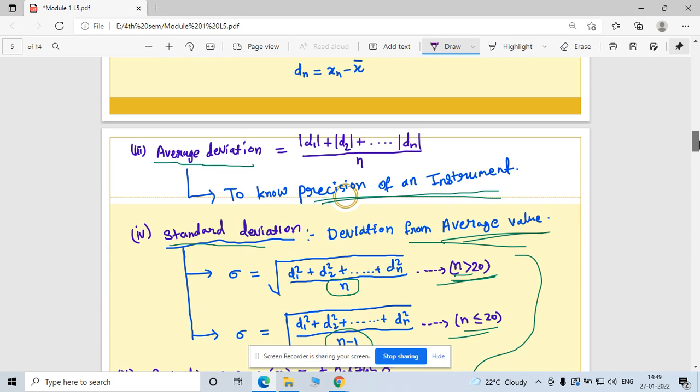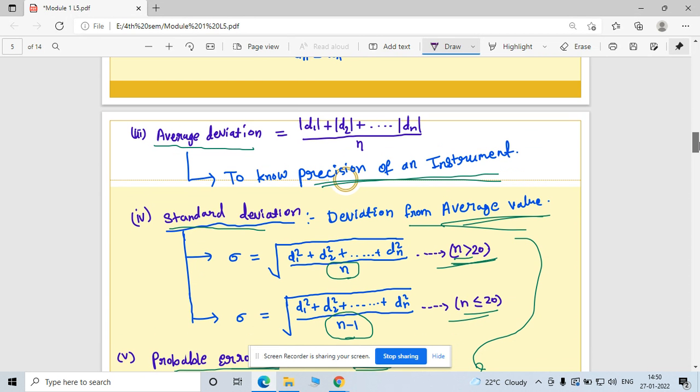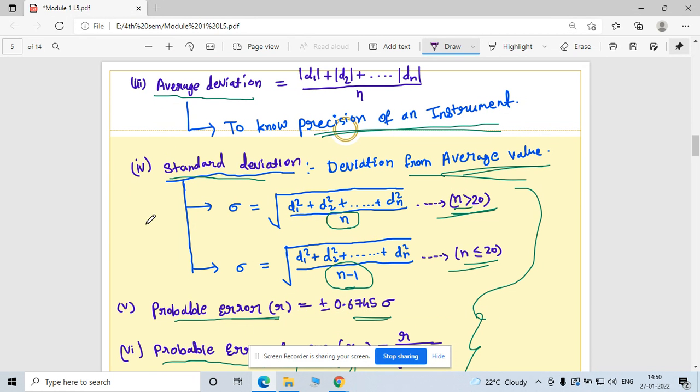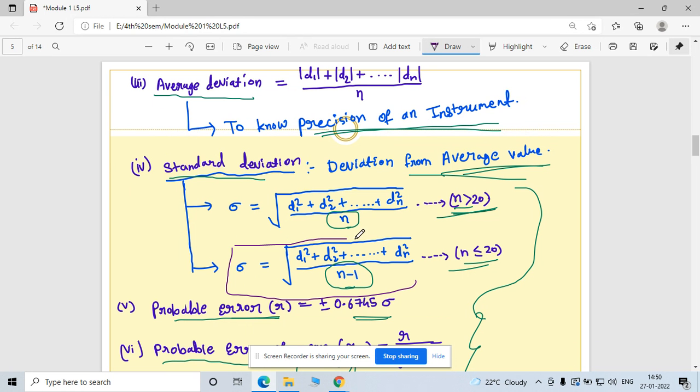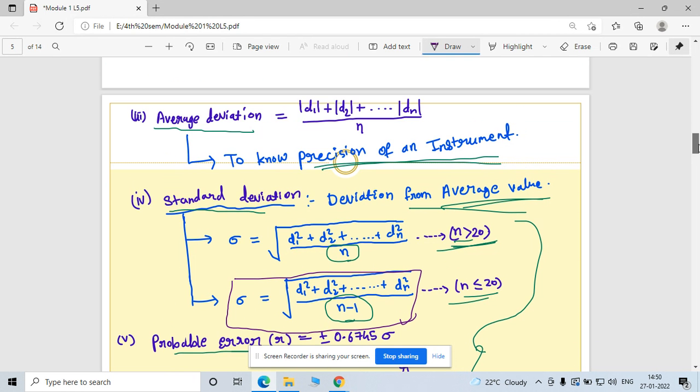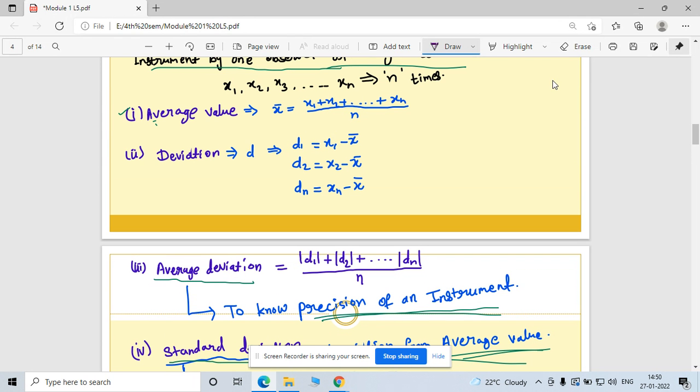Now, for the second one, you need to find the standard deviation. For standard deviation, this formula is used because the number of observations is less than 20. For standard deviation, you need the deviation of each reading from the mean, once you find the mean or average value.